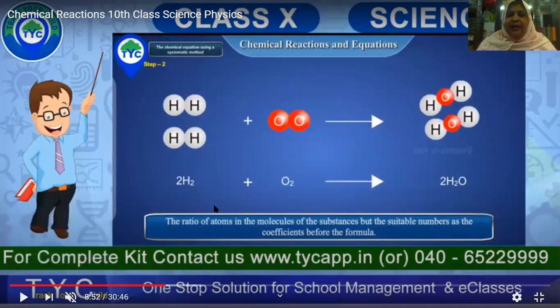How did we balance it? We have taken two molecules of hydrogen and one molecule of oxygen, and when combined together it has given rise to 2H2O. If 2H2O is written on the right side, the total number of hydrogen atoms is 4, because you multiply 2 into 2, which is 4.